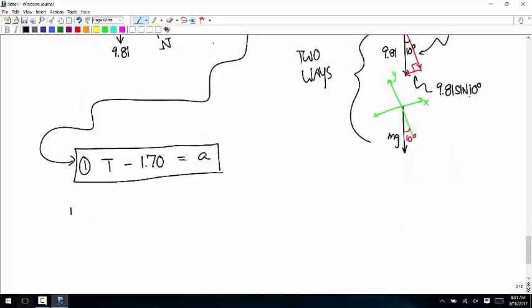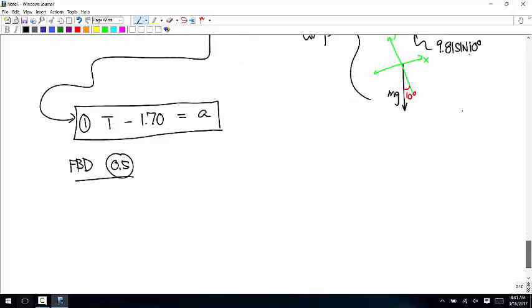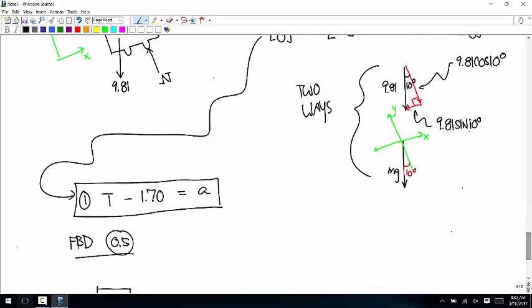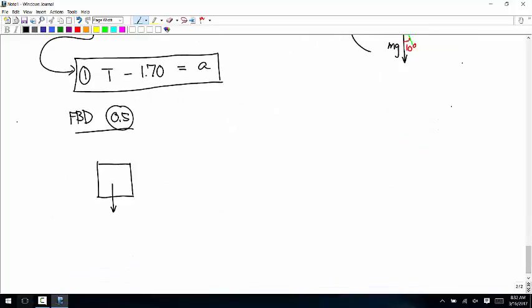And then we'll do a free body diagram of the hanging weight. On this one, we have the weight and the cable force, that's all. The weight is 0.5 times 9.81, so 4.905.